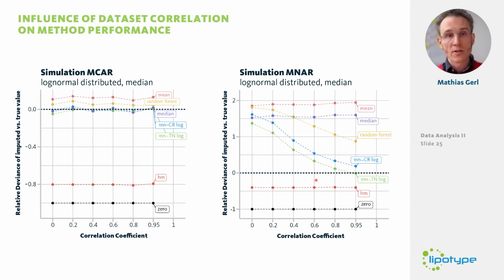And if one looks, at about 0.6, this is a good value where you should switch over to either the correlation or the truncated version of imputing. Okay, but what are typical values that you find in your lipidome?